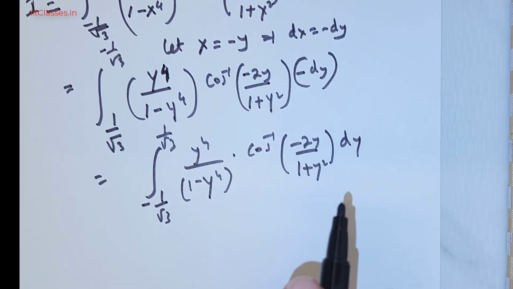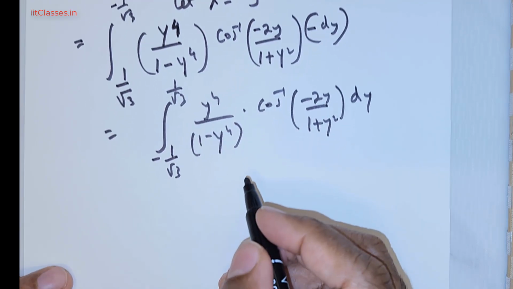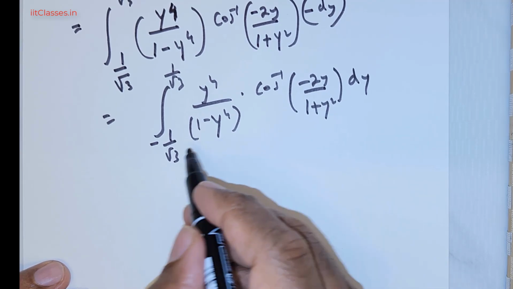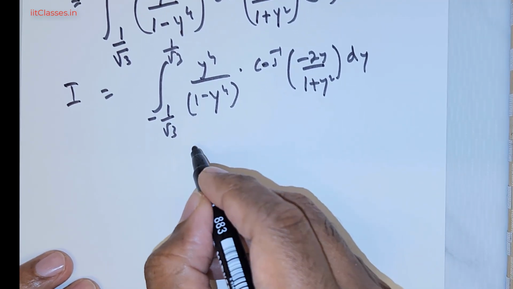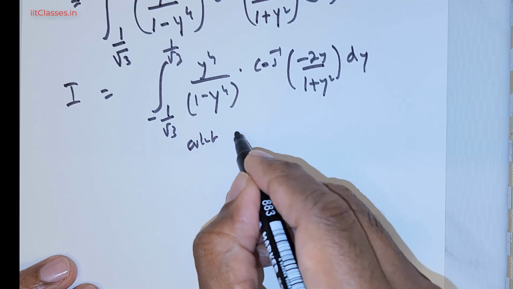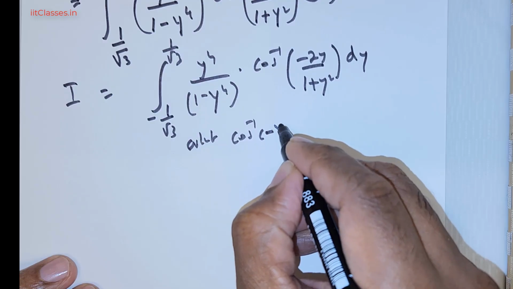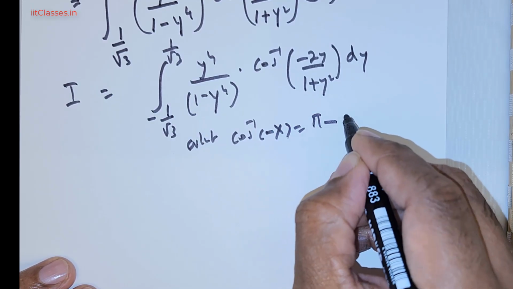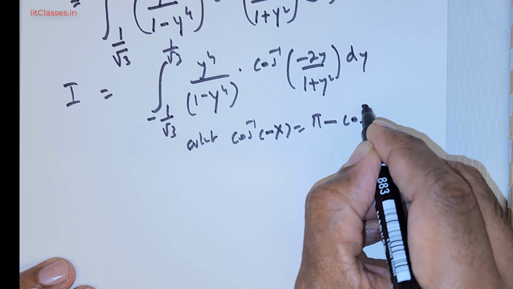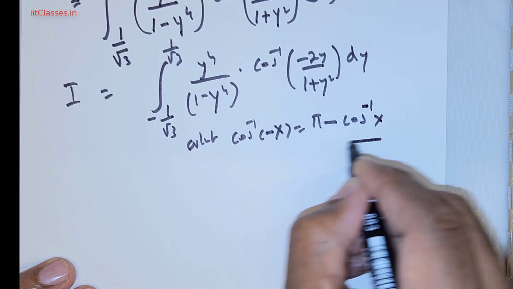Now the next step is going to be the crucial step. Of course, you have I there. What is the next step? Now we know a very important formula. Cos inverse of negative x is equal to pi minus cos inverse of x.